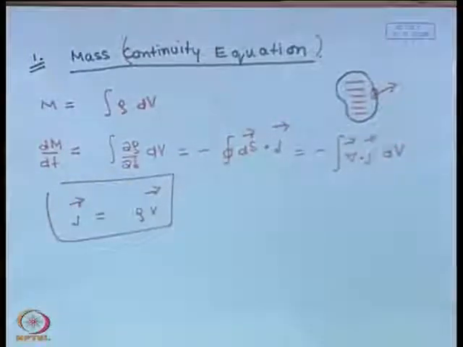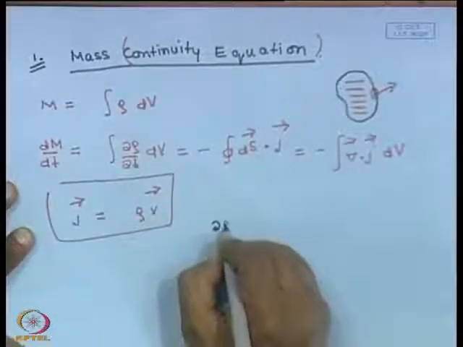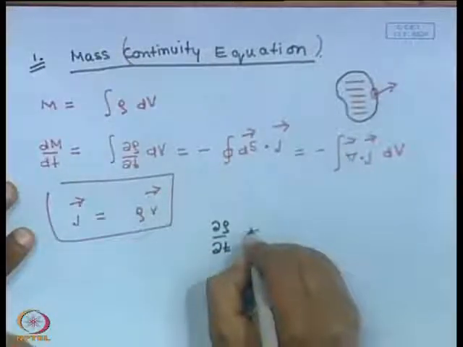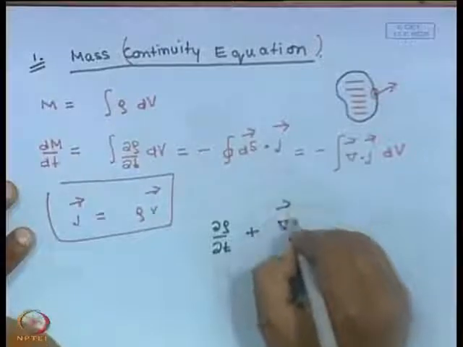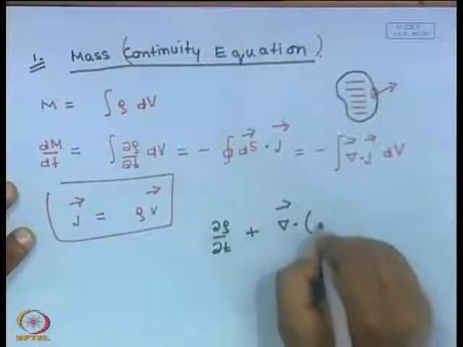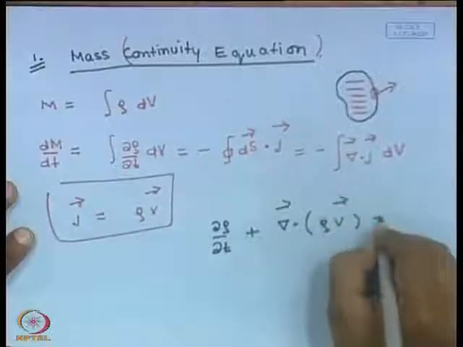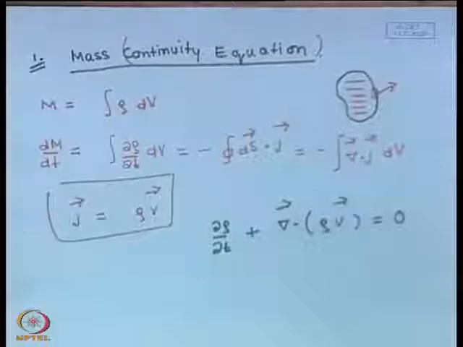So, I am led to the equation del rho del t plus the divergence of the mass current, which is rho times the velocity, should be equal to 0. So, this is the continuity equation.